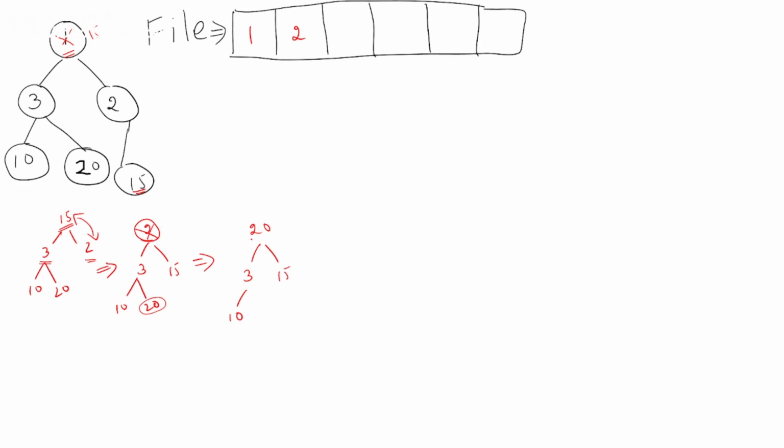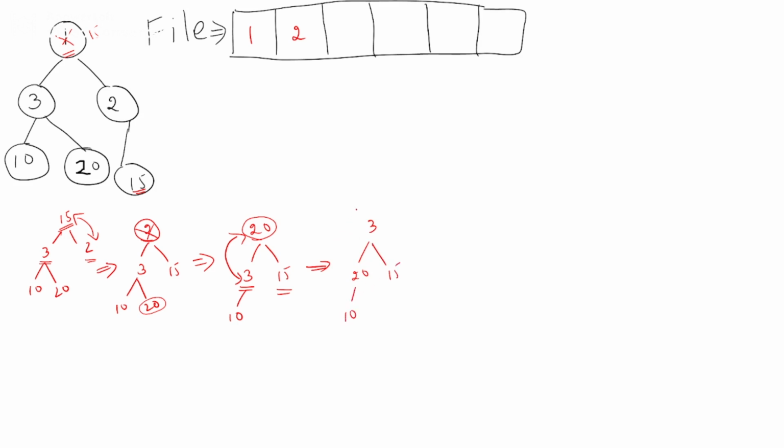Now again compare it with the two children. It is having 3 and 15, so it is bigger than both of its children. Let me check which child is smaller, 3 or 15. Now 3 is smaller, so I will swap 3 and 20. So here I will get 3, 20, 15 and 10.